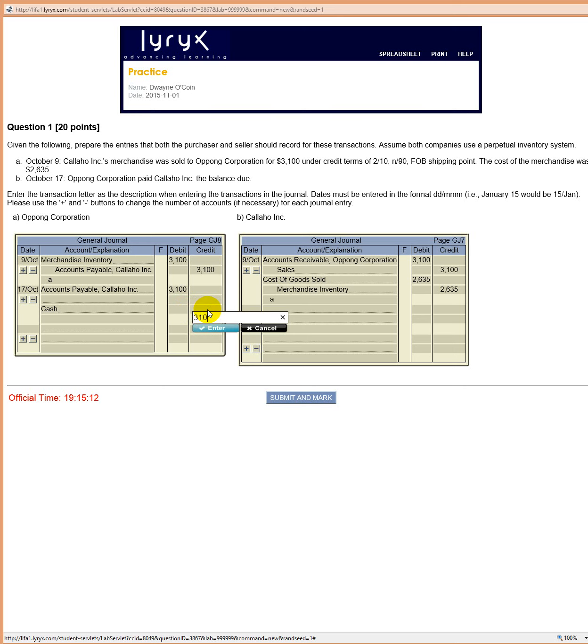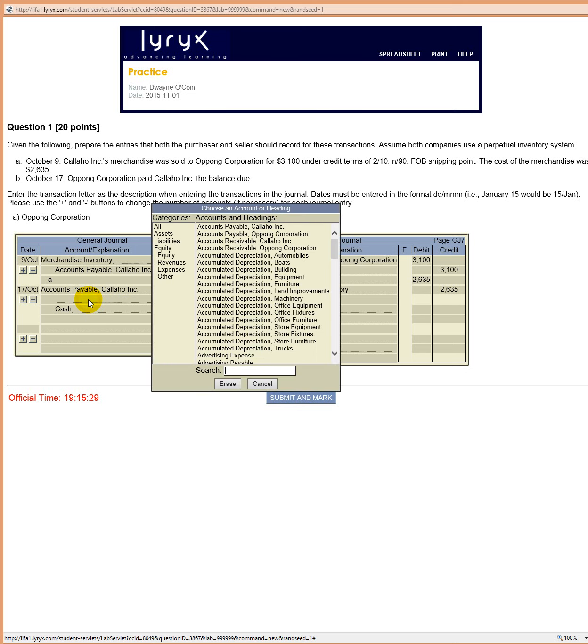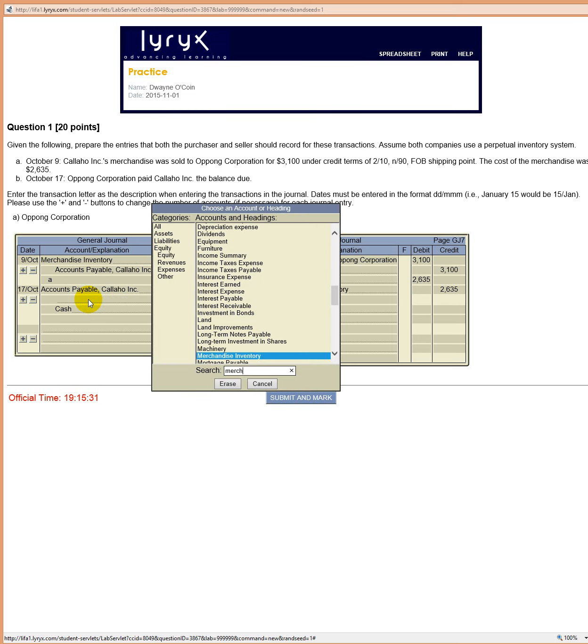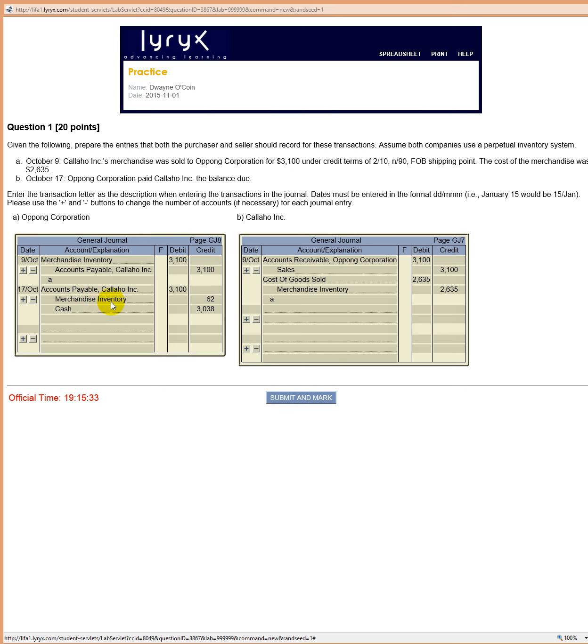We get the discount, so we only pay 98% of the $3,100. Of course, there's a difference, and that difference is due to the purchase discount, which under the perpetual system we record as a reduction in the cost of the merchandise inventory.